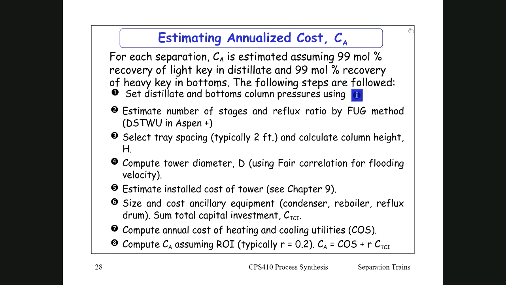If you have information with regards to the duty and your actual cost to supply that energy, would it not be better to use that in your annual costing or annualization, rather than a default of 0.2?